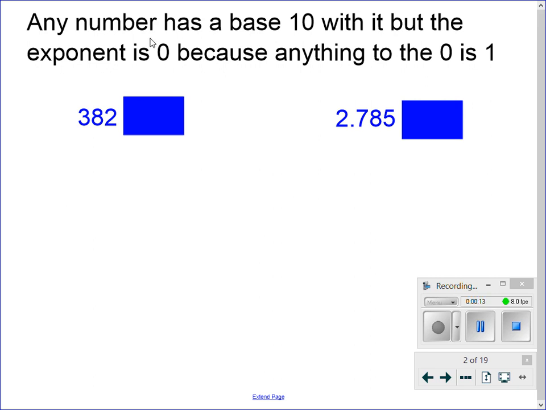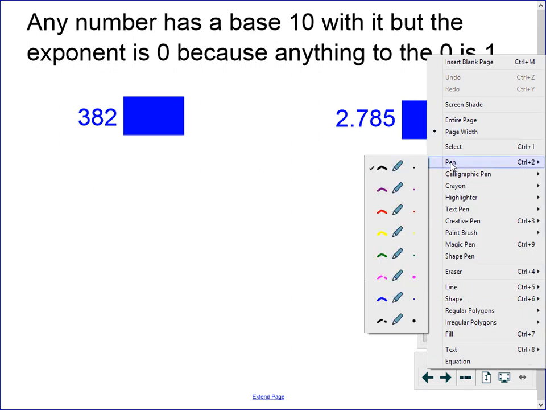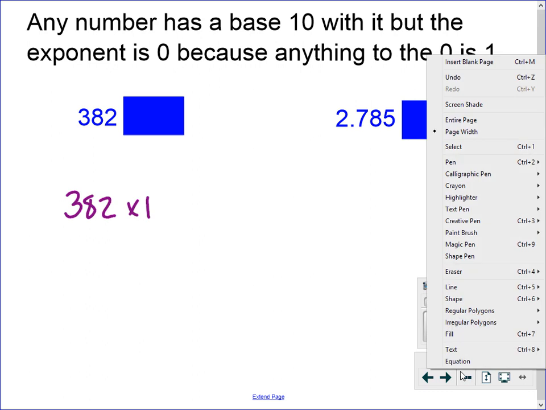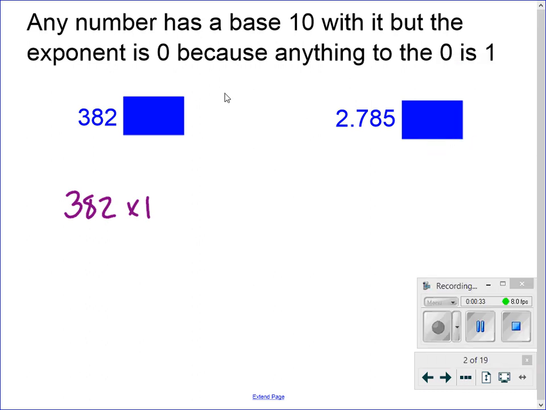Any number, or all numbers already, can be thought of as having a base 10. For example, 382 can be thought of as 382 times 1, so those two numbers are exactly the same. Likewise, 382 times 10 to the 0 is the same number, 382, because 10 to the 0 is 1.